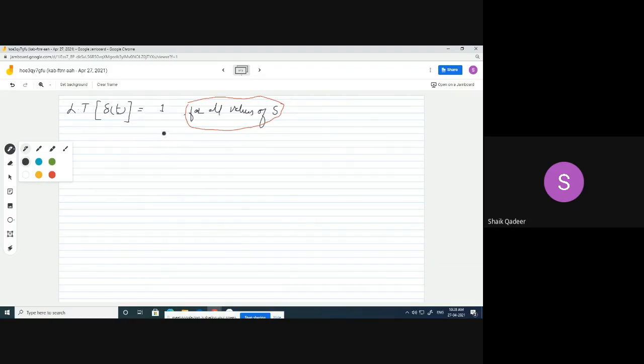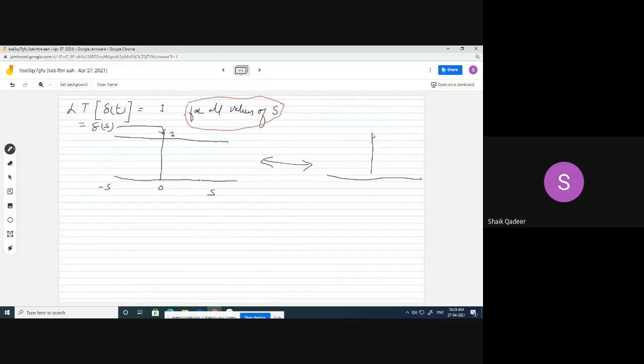If I make the sketch of impulse, suppose this is represented by delta S. It is equal to 1 for all the values of S. Whereas in time domain, delta T is equal to 1 at only one instant of time, 0.